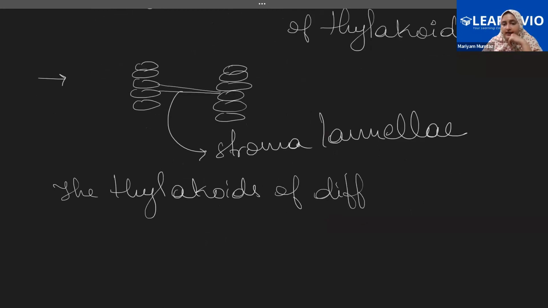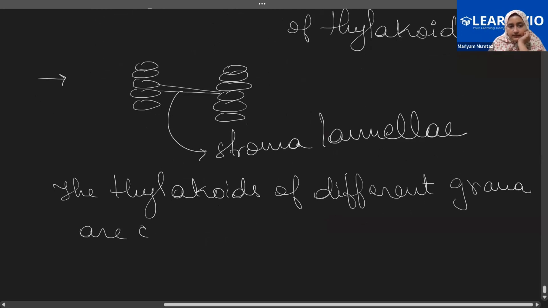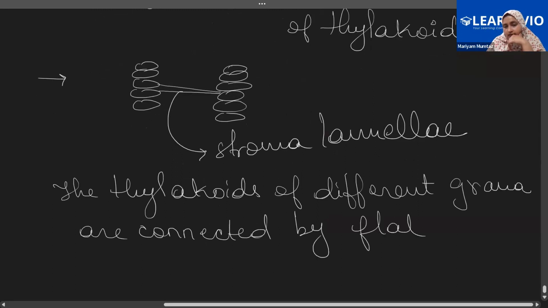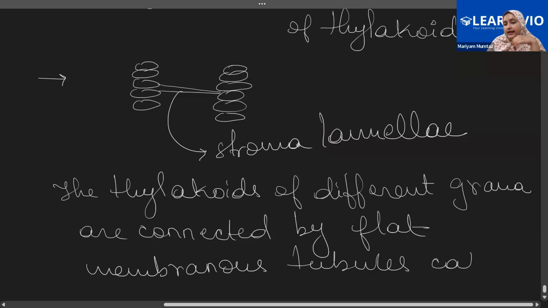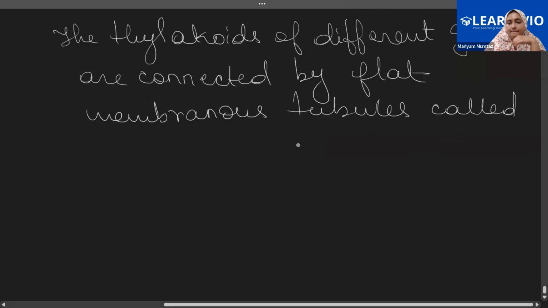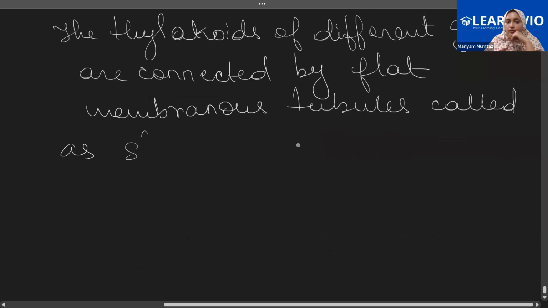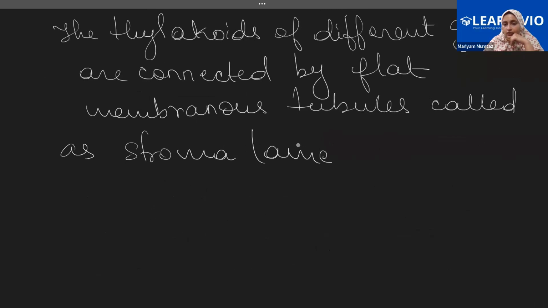So you write that the thylakoids of different grana are connected by flat membranous tubules, and those tubules are called stroma lamellae.